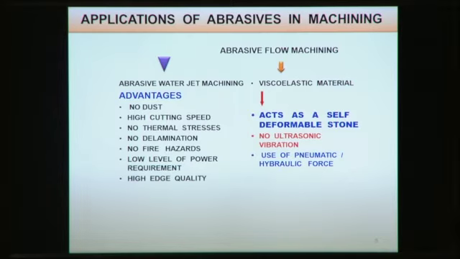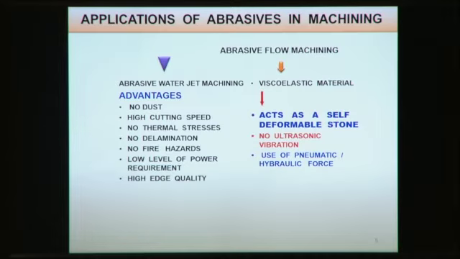Pneumatic or hydraulic force is used to reciprocate the media from the top media cylinder to the bottom media cylinder. While the media flows through the finishing zone, polishing is done. In the abrasive water jet machining process also, loose abrasive particles are used.